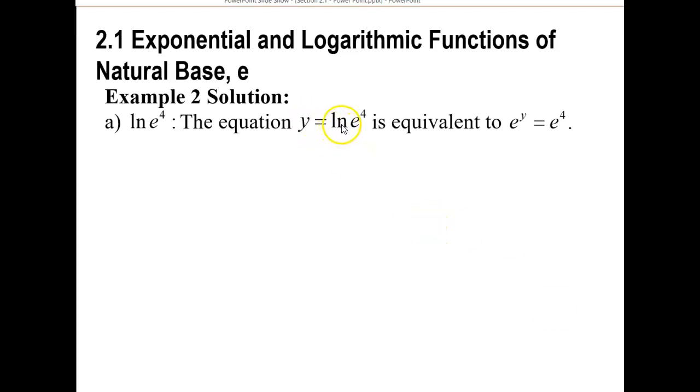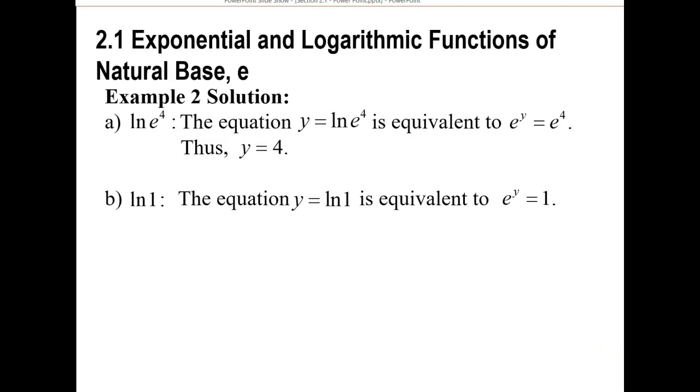So y equals natural log of e to the 4th is equivalent to e, the base, to the power y equals the inside. If e to the y equals e to the 4th, that means y has to be 4. Or just knowing that the base e matches the base here, the answer is the exponent.